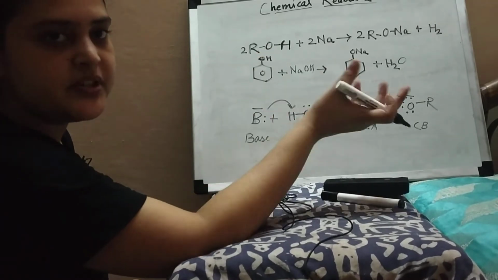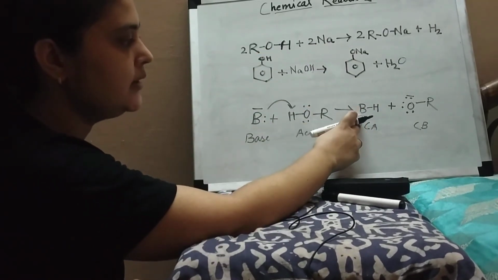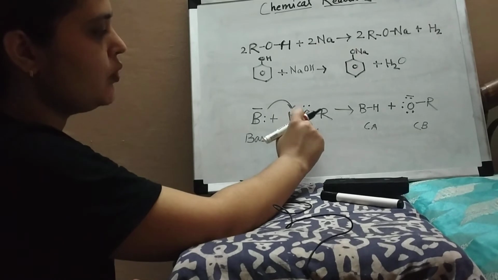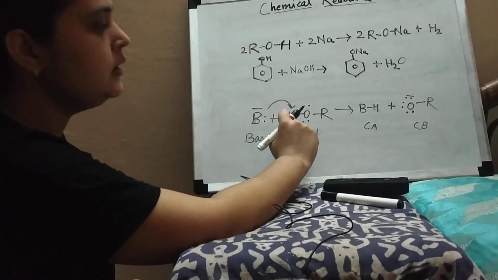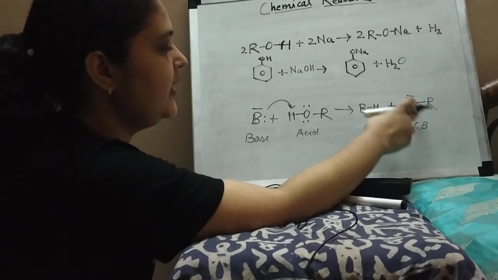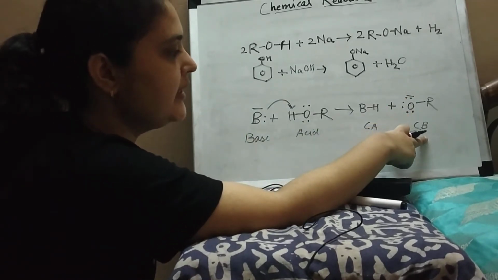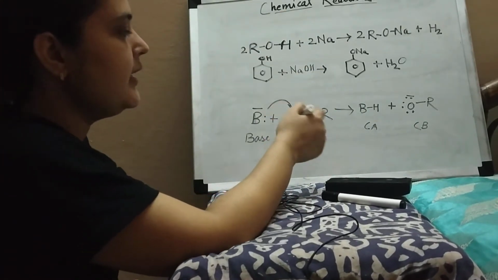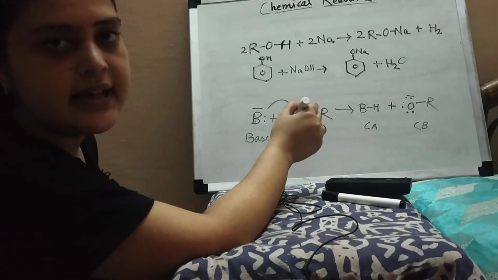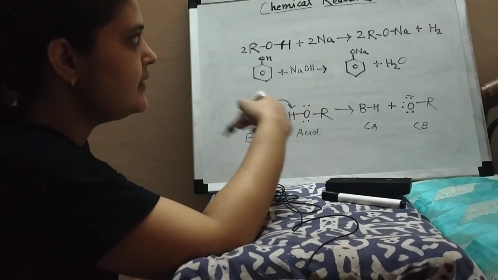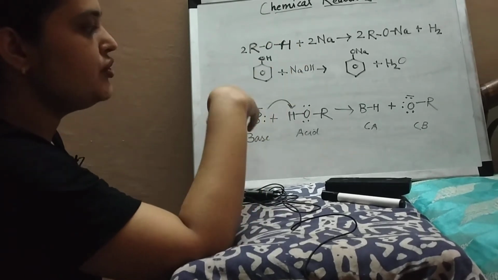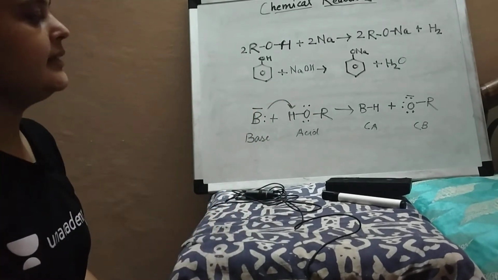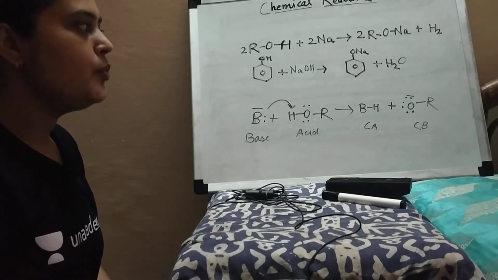The base is abstracting the proton, so the OH bond is breaking here, and when the OH bond is broken down, we get a conjugate base from the alcohol or phenol. Here the alcohol or phenol is acting as an acid, so this shows the acidity of alcohol or phenol, and the OH bond is broken.